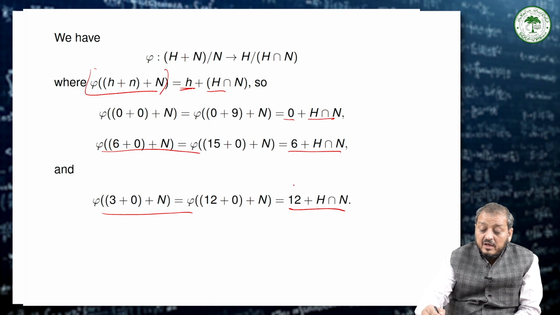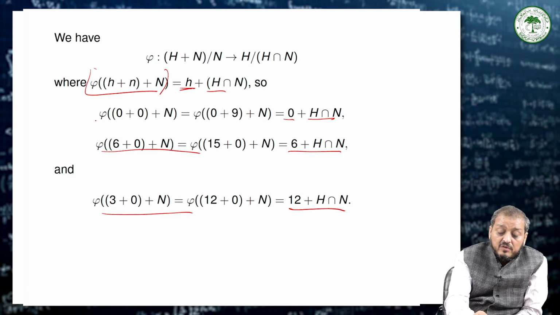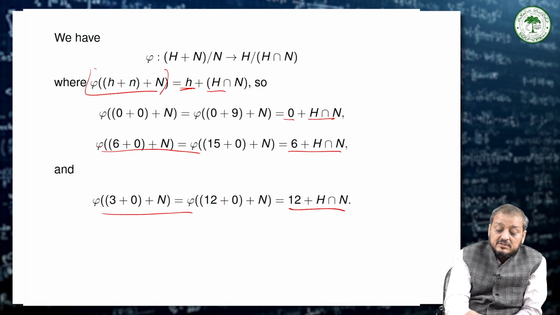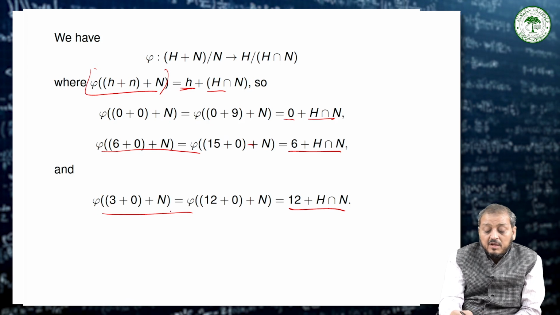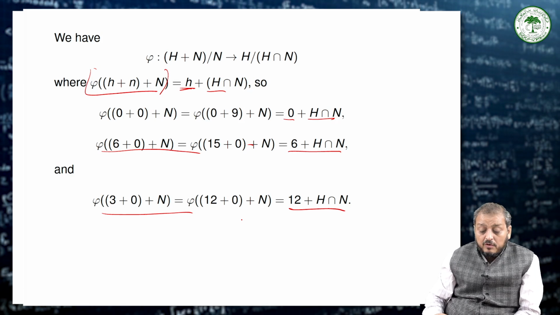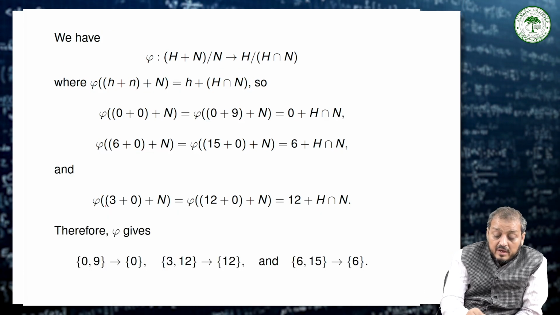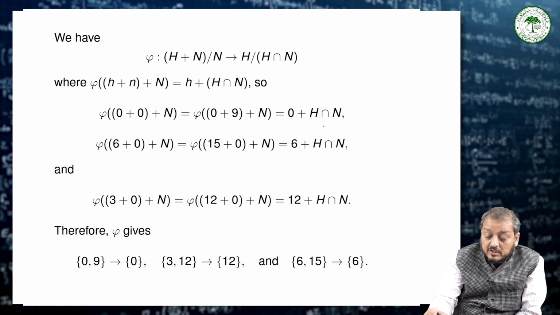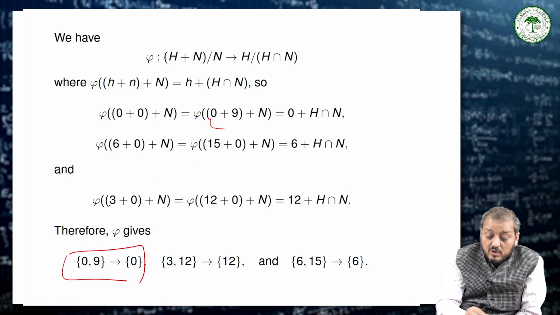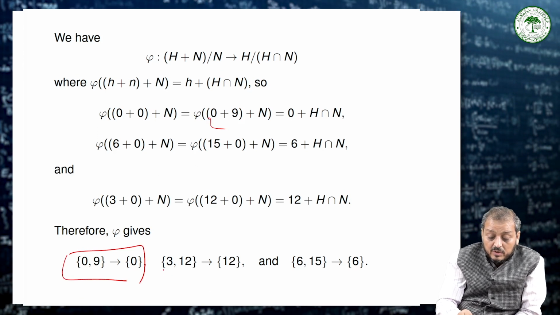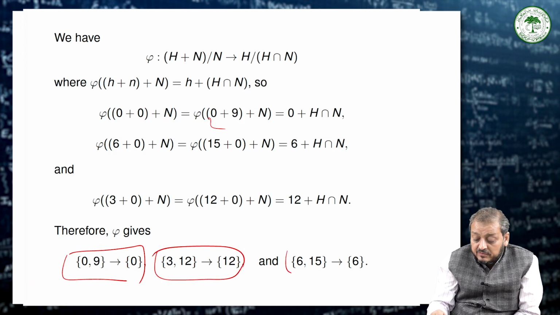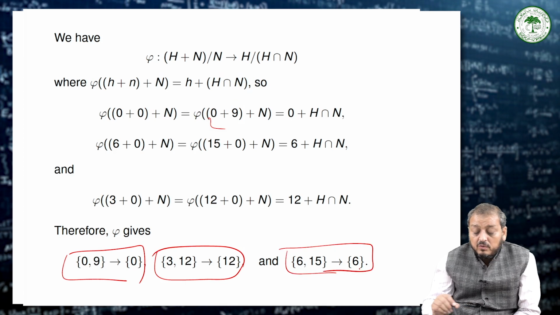Now this thing has all the elements: 0 plus N, 9 plus N which is the same, 6 plus N, 15 plus N, 3 plus N, and 12 plus N which is the same. So phi is mapping like this: 0 and 9 go to 0, 3 and 12 go to 12, and 6 and 15 go to 6.